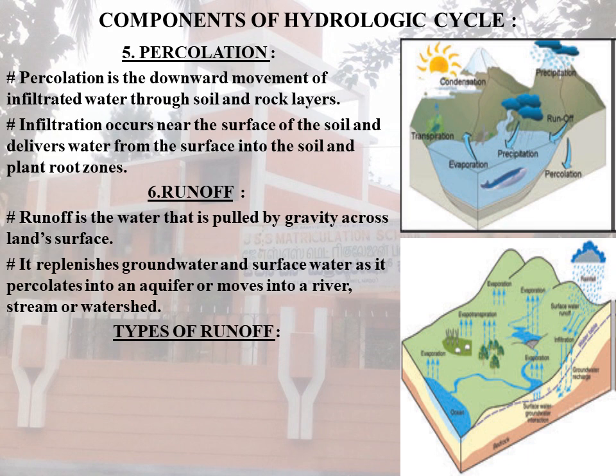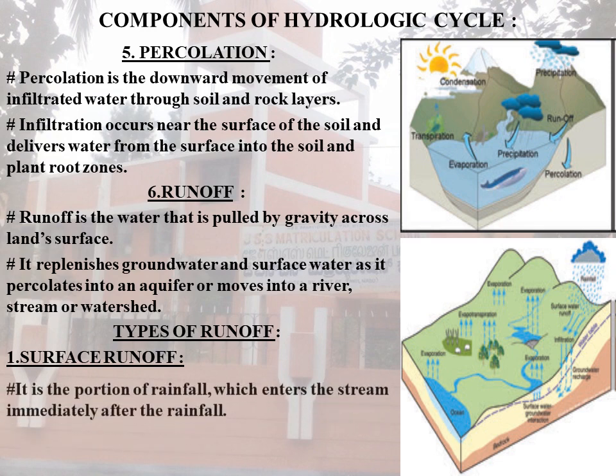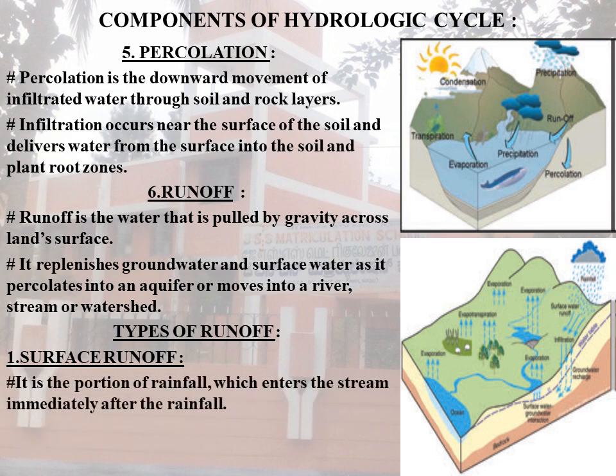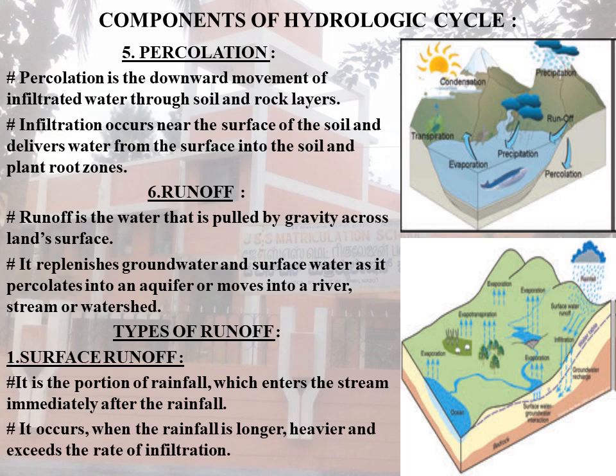Types of runoff. Based on the time interval between the instance of rainfall and the generation of runoff, runoff may be classified into the following 3 types. The first one is surface runoff. It is the portion of rainfall which enters the stream immediately after the rainfall. It occurs when the rainfall is longer, heavier and exceeds the rate of infiltration.